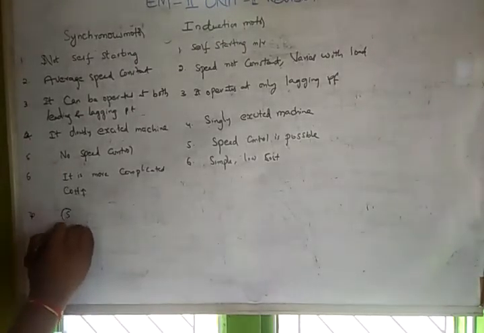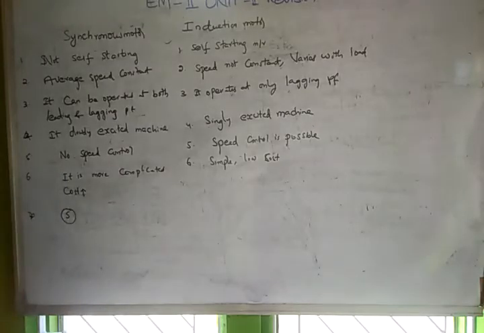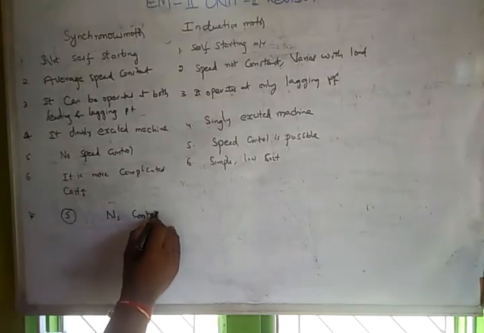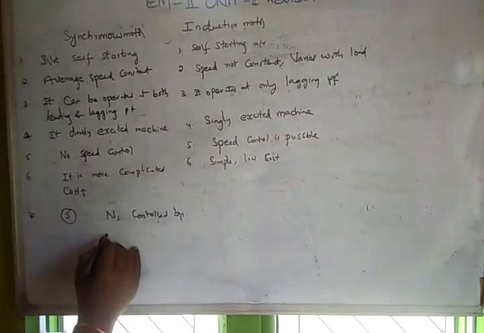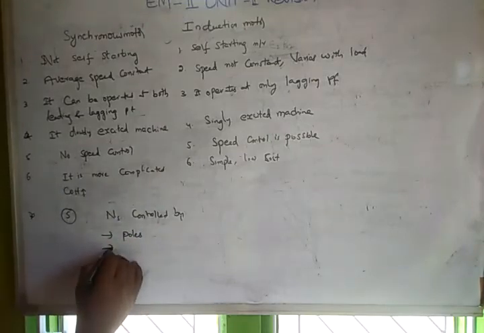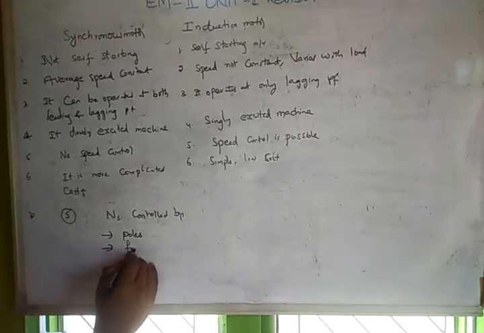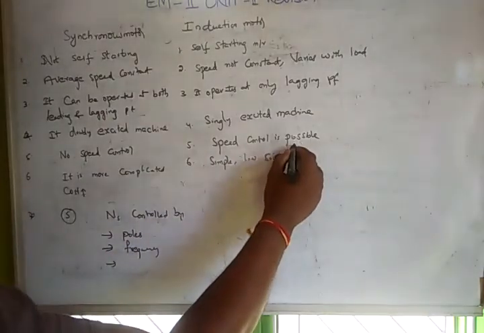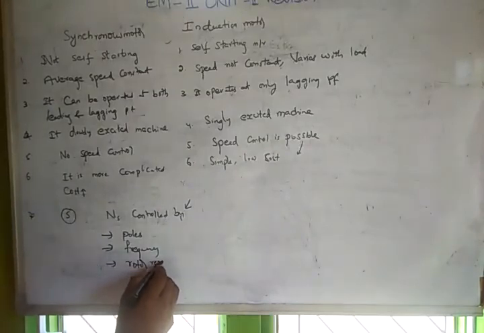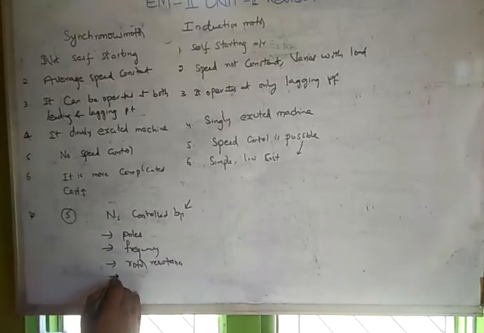Speed control is possible by controlling Ns, that is, by controlling the number of poles, the frequency, the rotor resistance, and the supply voltage.